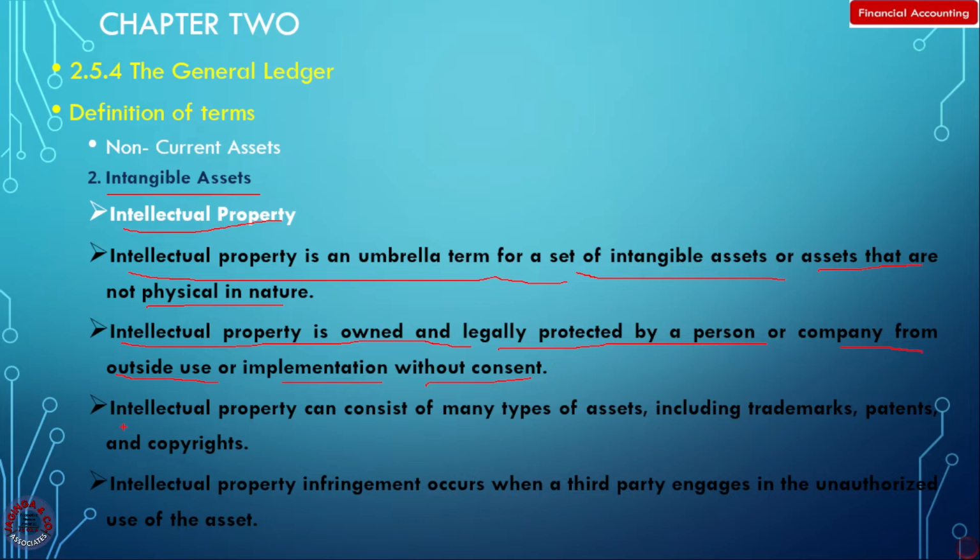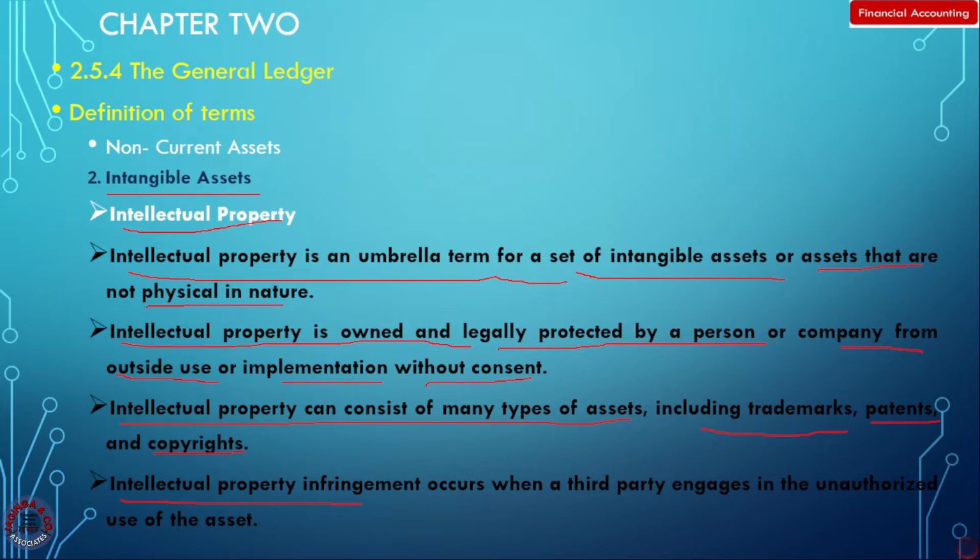And then we are also saying that intellectual property can consist of many types of assets, including trademarks, patents, and copyrights. So all these are what we call intellectual property.